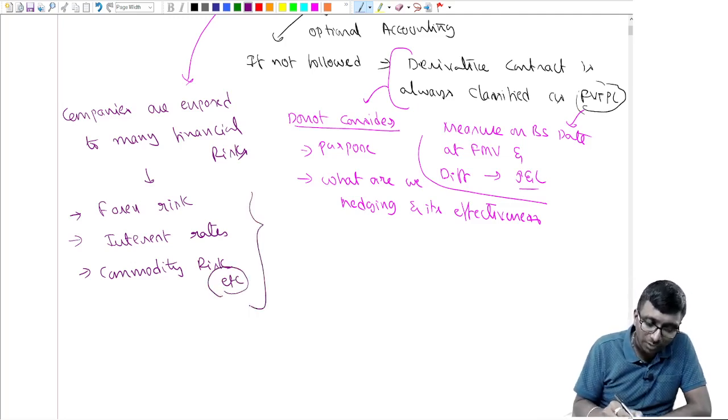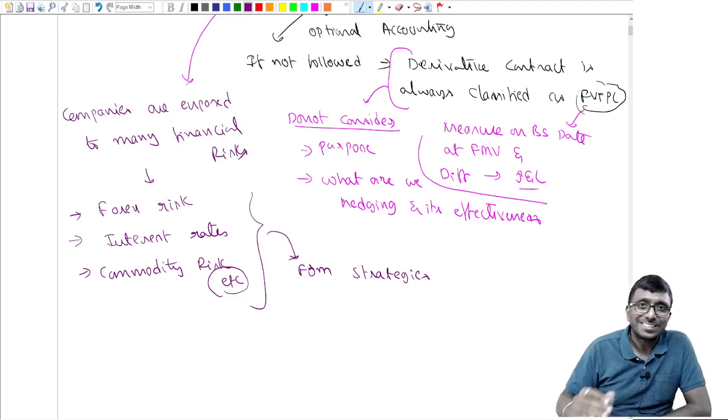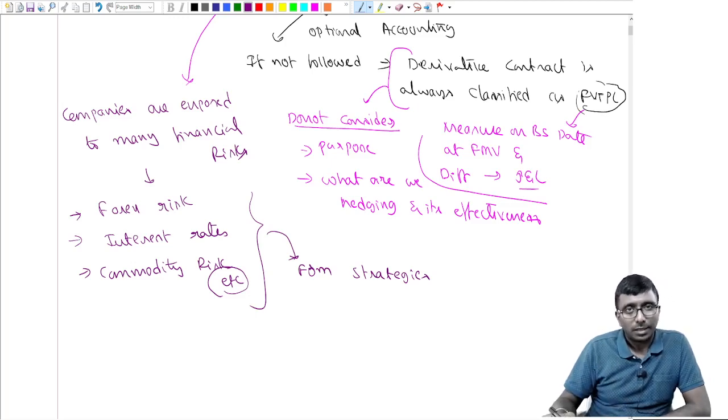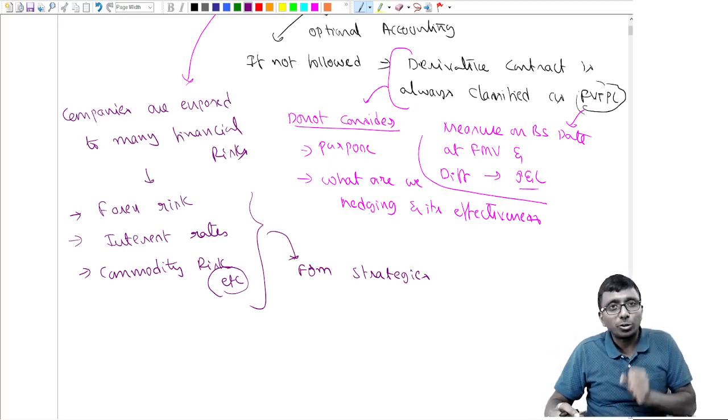That's why, what does a company do? Obviously they will form different strategies. Basically, hedging is for securing purposes. It is not for making more profit, it is to reduce the losses.